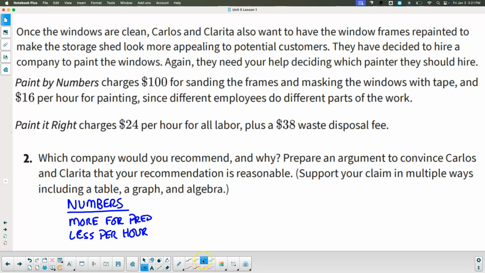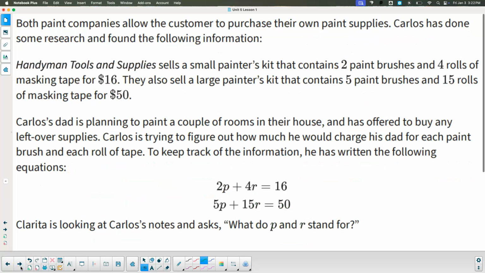Paint It Right charges nothing for the prep, but just flat out charges you more per hour. And they also charge you a disposal fee. So again, it all depends really on how many windows you have as to how long the job is going to take. Okay? Let's get into some more stuff here now.